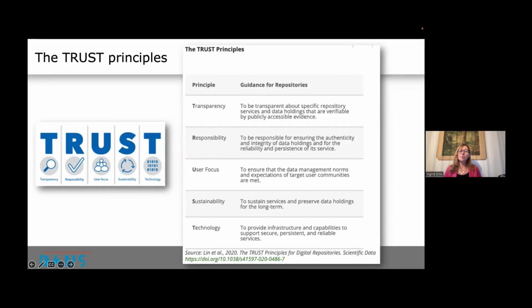It talks about the importance of the users, and the fact that repositories should follow the norms and the expectations of the community they serve. It focuses on sustainability of the organization itself and the services and the data. And of course, technology is an important element for the repositories to think about.